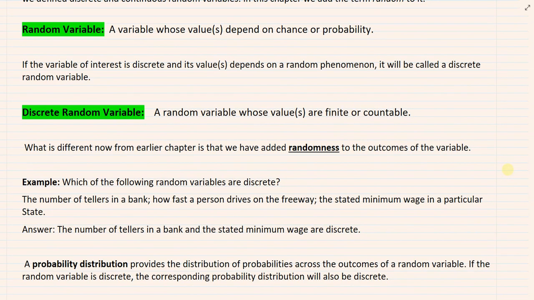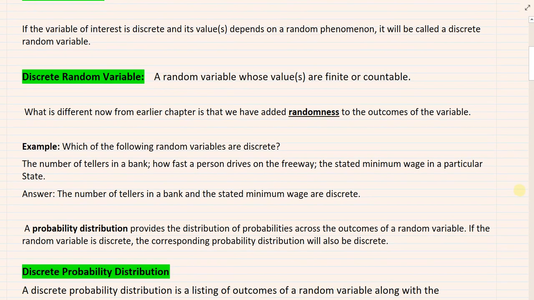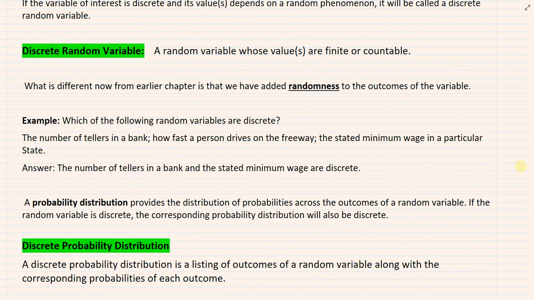Next, we're going to talk about a probability distribution. What the probability distribution does for us is show how the outcomes or the values of the random variable are distributed. We usually like to get a visual of the probability distribution.